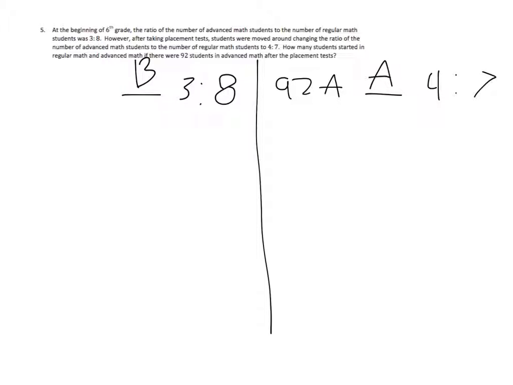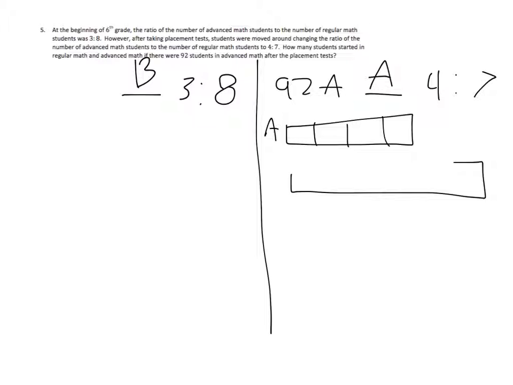So with that in mind, we can use this to help figure out how many were in each before, because the same number of students were in the 6th grade, just which class they were in changed, or the ratio between them changed. So we start by, again, making our tape diagram. We go to 4 for the advanced and 7 for the regular. And we can use our information.